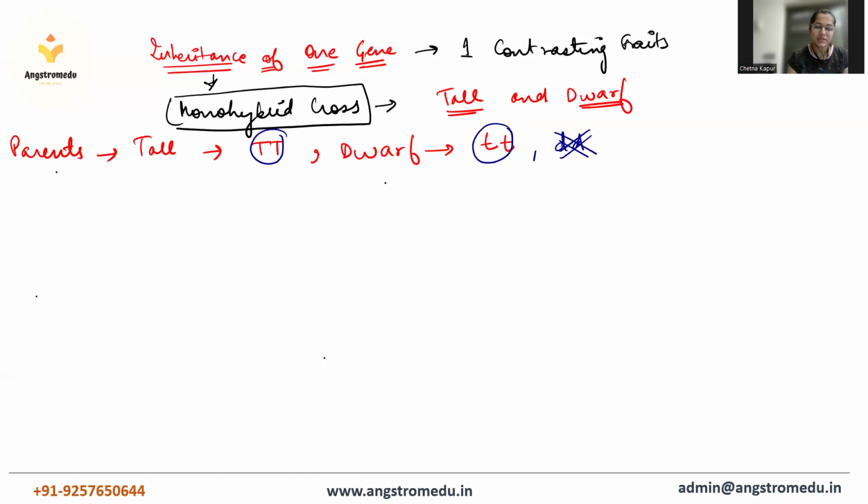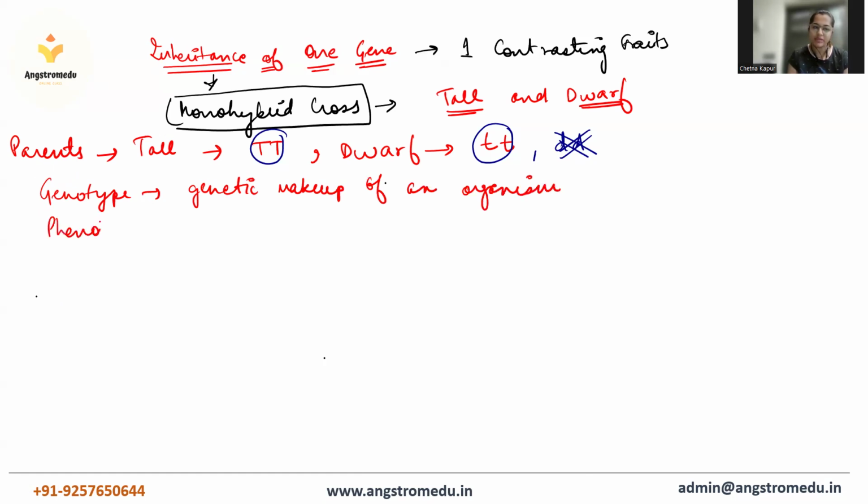Okay, so let us understand a few terms before going further. What is a genotype of the character? Genotype means the genetic makeup. The genetic makeup of an organism is called the genotype, and phenotype is called the physical character.